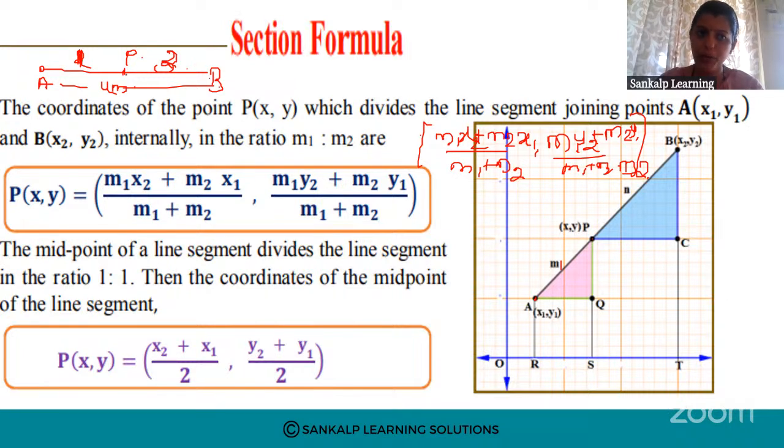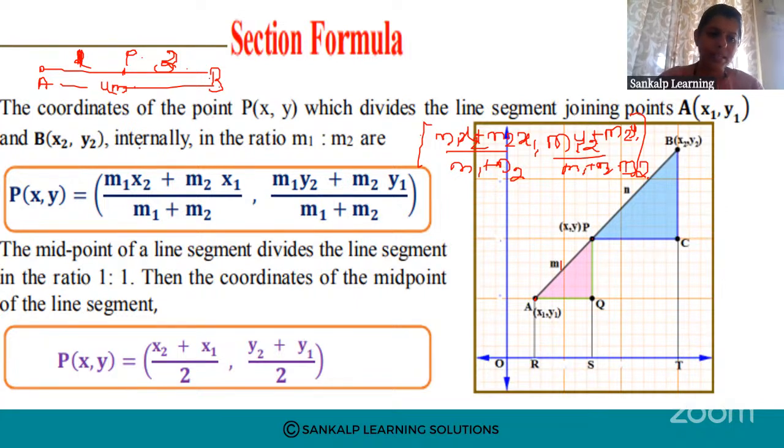That means from A to P, the distance is 1 meter, and from P to B, this is 3 meter. That means this P divides the line in the ratio 1 is to 3, right? So this is the section formula. Here we are going to use section formula, that means we know in which ratio it is dividing, right?